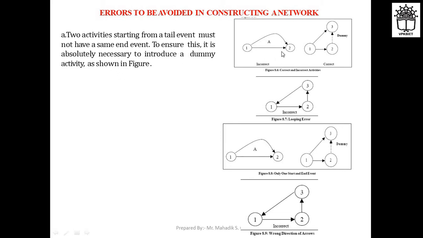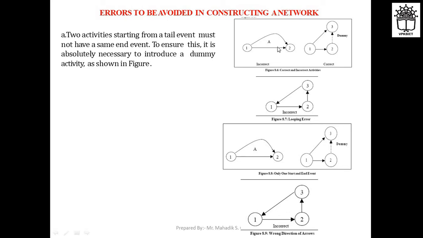Here you can see in the first figure, 1 and 2 are the two events, and from this one, two activities are bursting. Two activities are going out, but these two activities end again at the same event, number 2. So two activities starting from a tail event must not have the same end event.